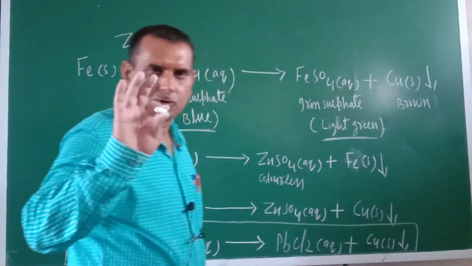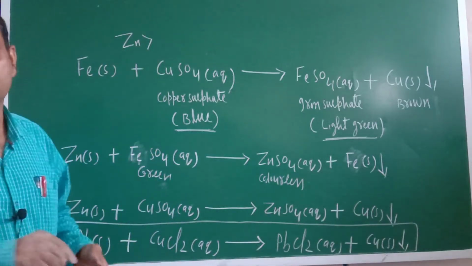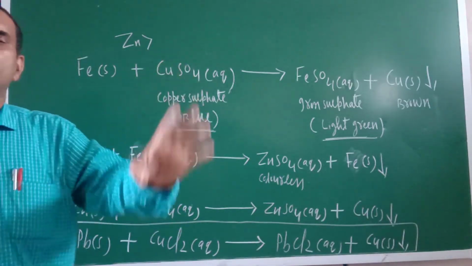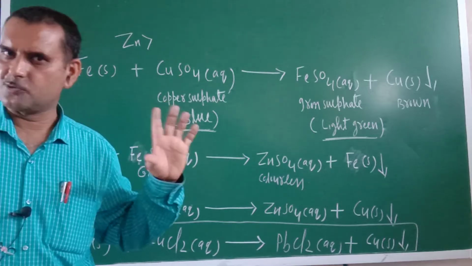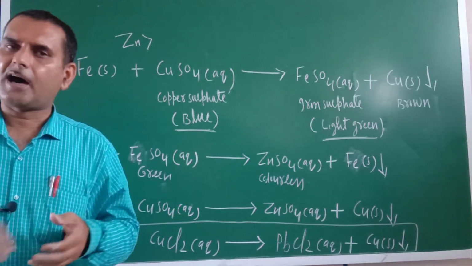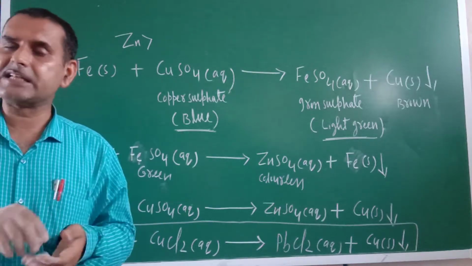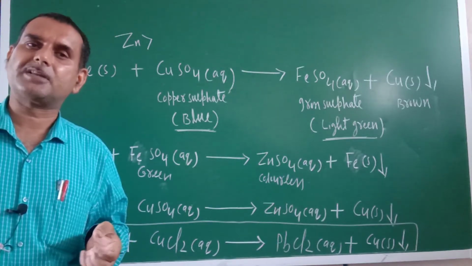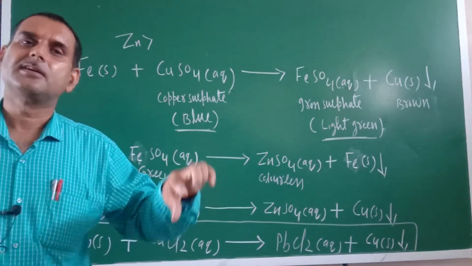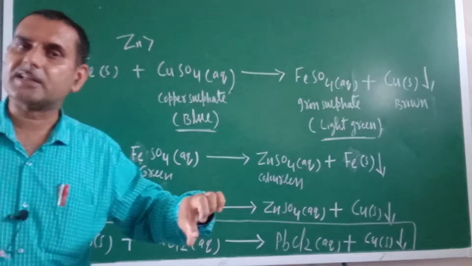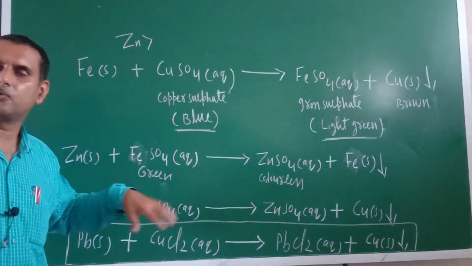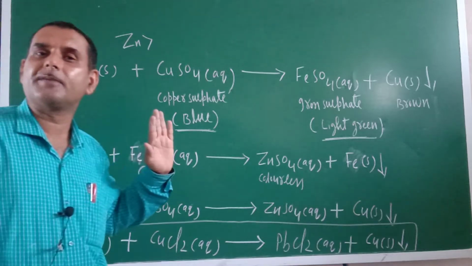Now see how you will perform the activity. Very simple. In one test tube, take copper sulfate solution. Now take some iron nails, tie them with thread and dip them inside the copper sulfate solution. Leave it for 20 minutes.